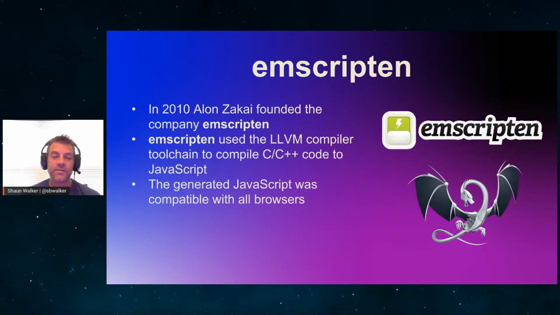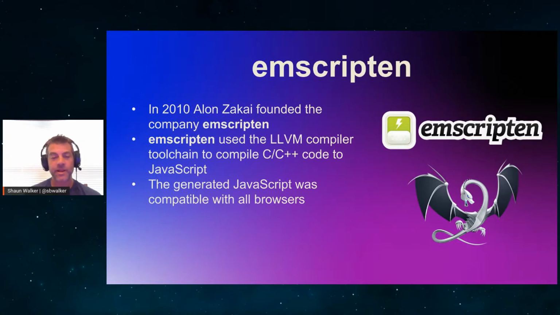This technology was used by a lot of client-intensive applications, usually games. Games that would run in the browser needed that high performance, so they would look to technologies such as Emscripten to provide that capability.